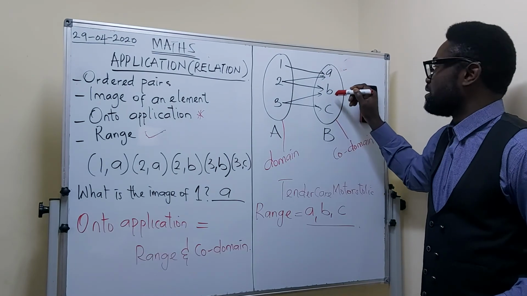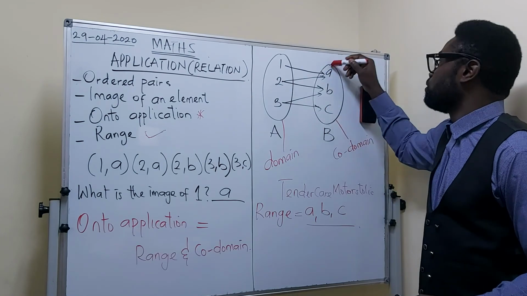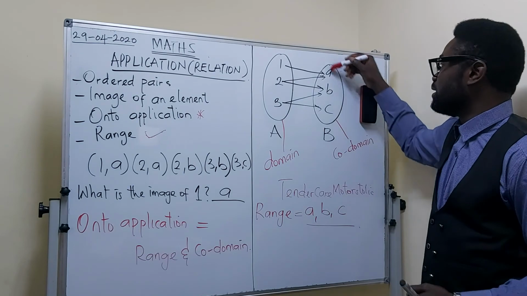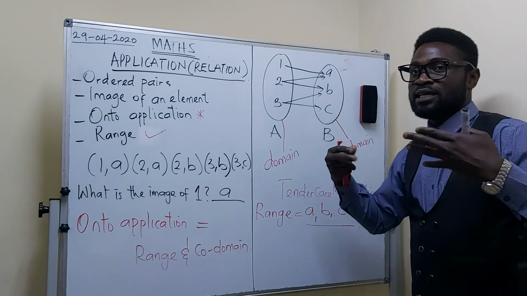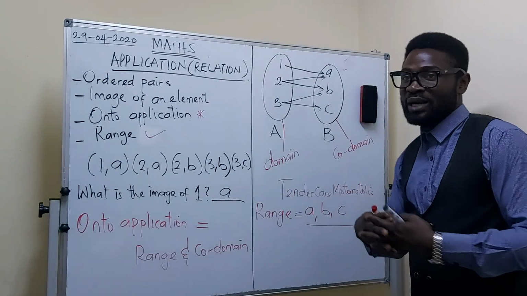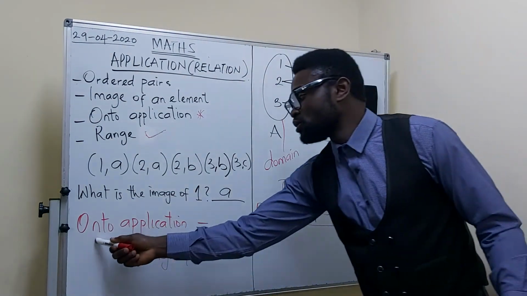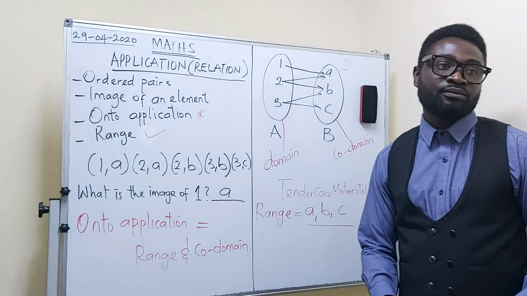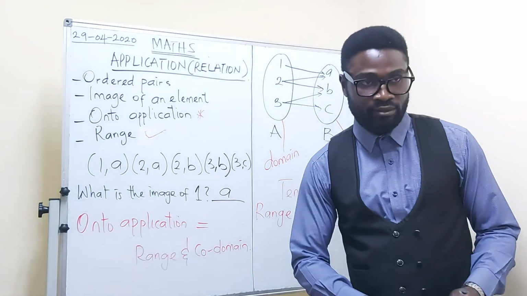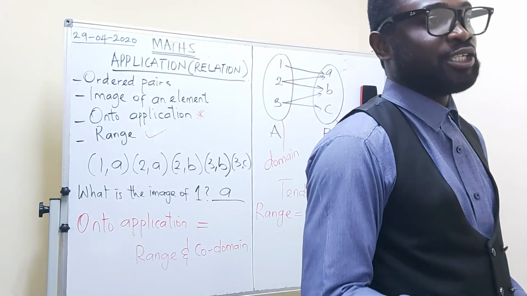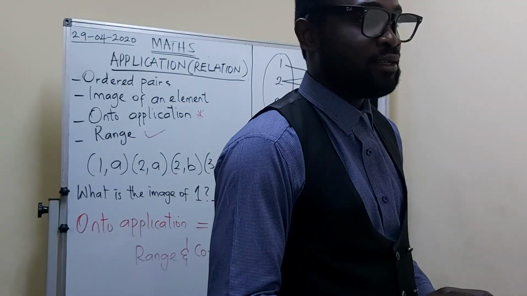Now, this circle is the range, and the same circle is also the codomain. So when codomain is equal to the range of an application, then we speak of onto application. Can you all hear that? Or should I repeat myself again?